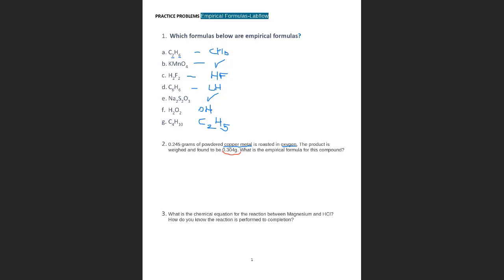So we have the initial weight of the copper, and the final weight. So what do we know? That we have a reaction between copper plus oxygen, and we have a compound between copper and oxygen.